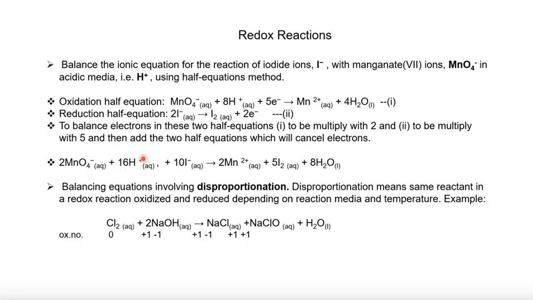Therefore we have 4 remaining plus charges. So then this will cancel each other, or balance, charges are balanced. So this is the balanced reaction of manganate ion and iodide ion.